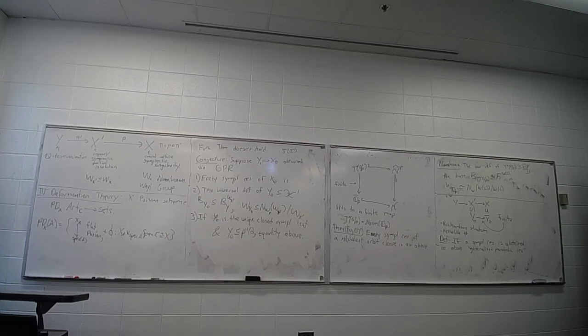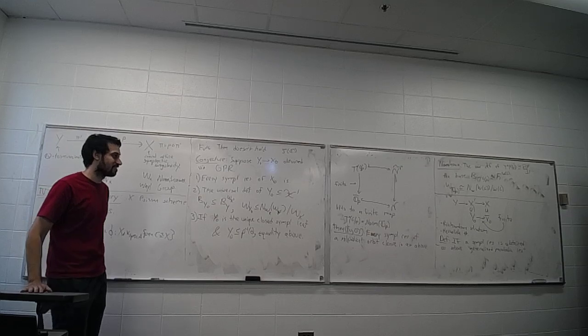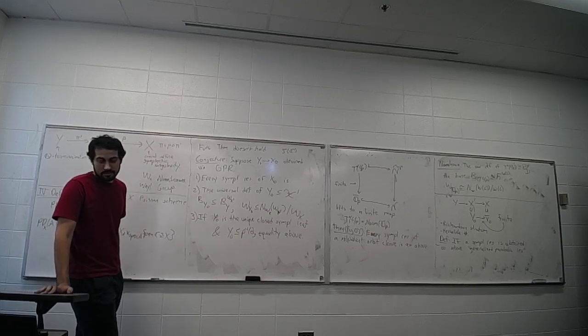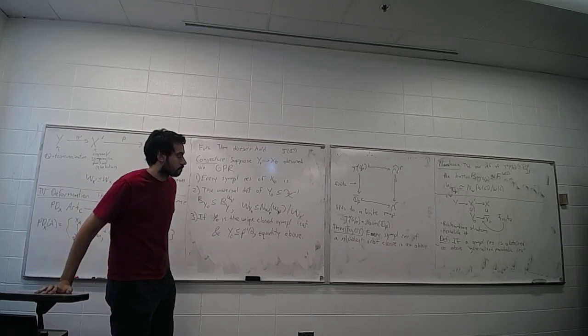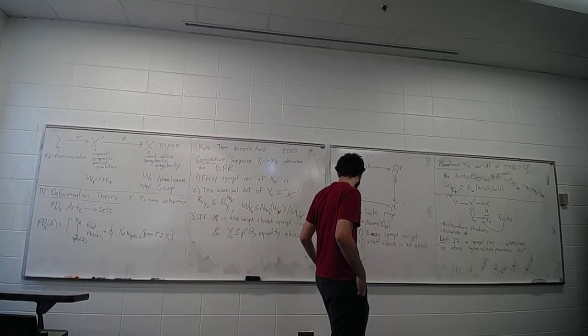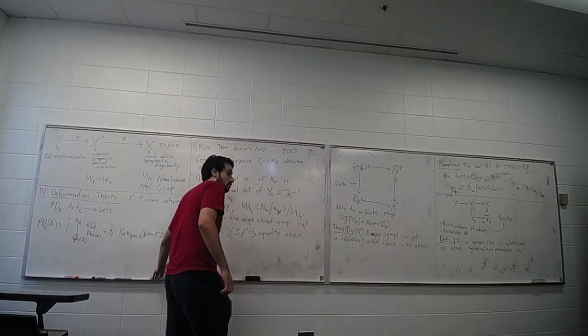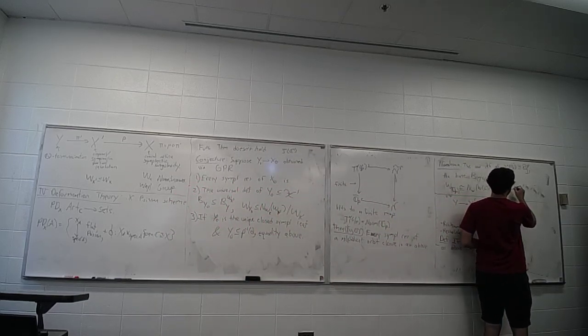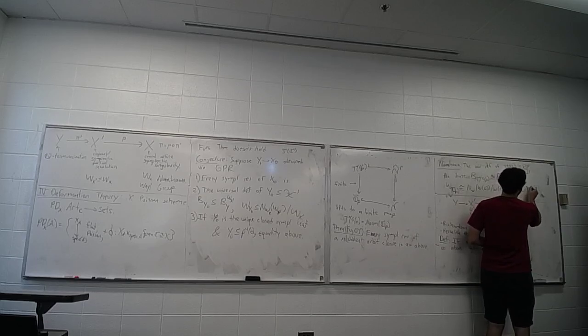Questions for the speaker? Yeah. I don't really have a question. In the setting of Springer theory, this normalizer of the Weyl group for the Levi mod the Weyl group for the Levi is called the relative Weyl group. Yeah.